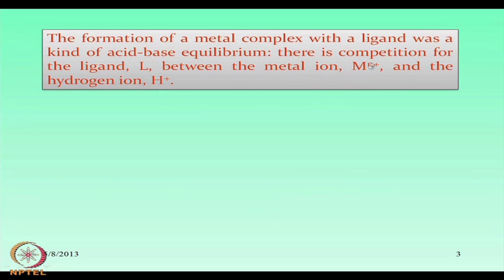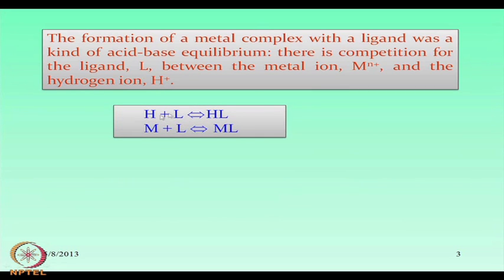Because we know that the metal ion is a cation and the hydrogen ion is also a cationic species. So, if the ligand is a lone pair donor or a base, a typical anionic species, then the ligand can have some affinity to bind the metal ion, as well as an affinity for the H+ ion.